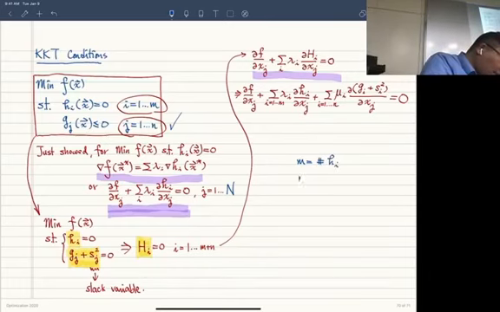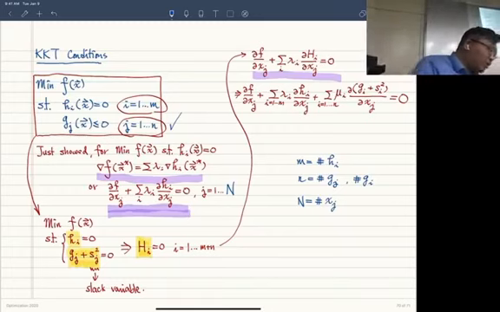Small n is the number of g, and sometimes gj or gi, right? Just an index. And capital N is my number of variables, so xj.